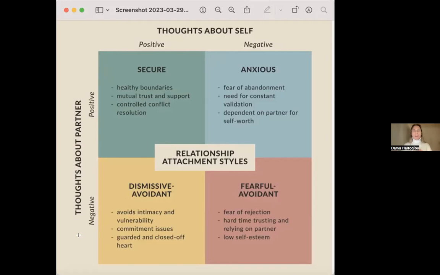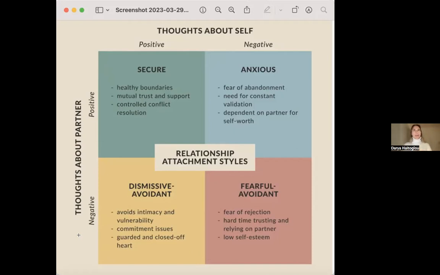They could not have any hope in the trust or in the support of the other. And the fearful avoidant or disorganized is the negative thought about the self and the negative thought about the partner.